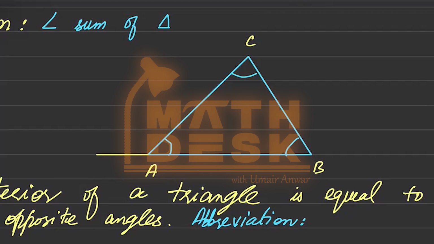So if we extend AB, then a new angle is formed over here. And let me call this point point D. So the angle formed as CAD is an exterior angle of the triangle, because it is not drawn within the triangle, it is drawn outside the triangle.